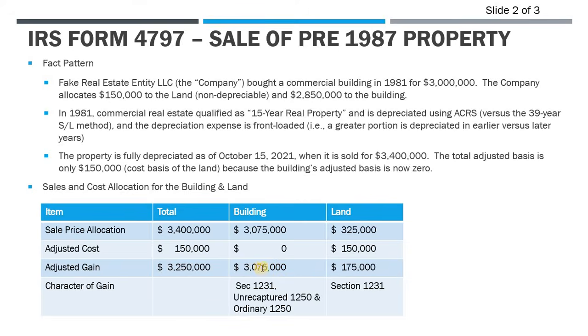But the building component here, the gain might be this 3.1 roughly million of gain, but it's going to comprise a couple of different items, right? So we're going to have Section 1231 gain, we're going to have unrecaptured 1250 gain, and then we're going to have that ordinary 1250 gain recapture because we had that accelerated method, right?